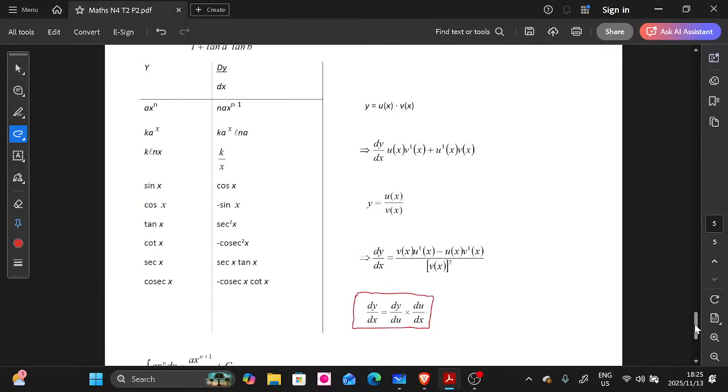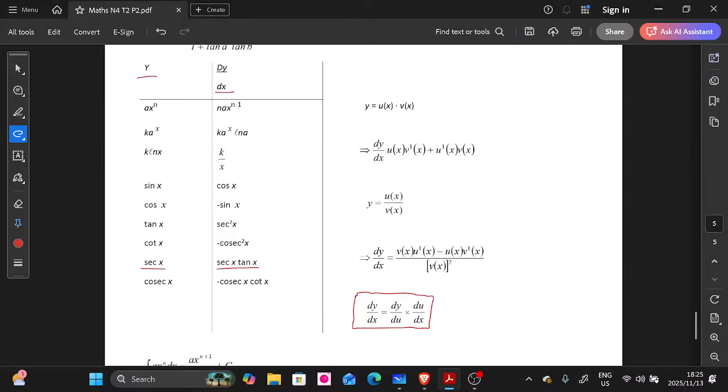Remember, we have this table on your formula sheet. On top there, it's y on the first column. On the second column, it's dy over dx. So if you want the derivative of sec x, it's going to be sec x tan x. In our problem, instead of x, it's actually u.